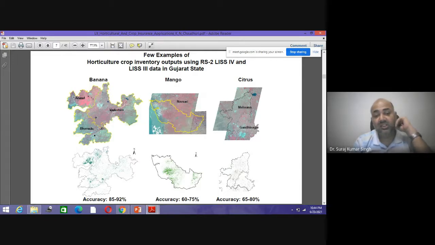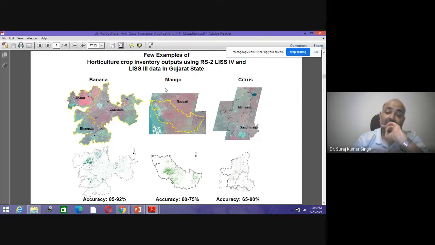They are the case studies that we have taken for banana cultivation, and we have classified using object-based classification. And you can see that in the final product, the total banana area has been demarcated, and when we validated it in the field, the classified area is near about 85 to 92% accurate.